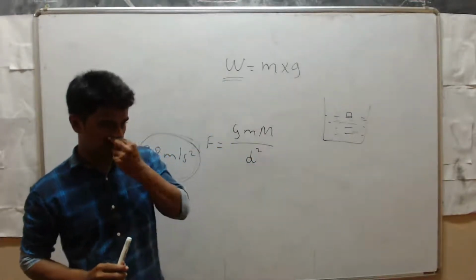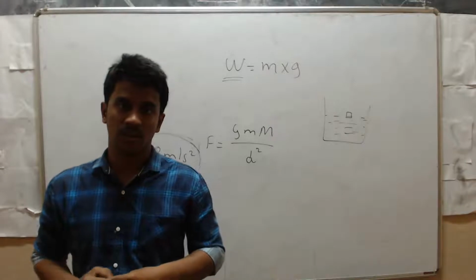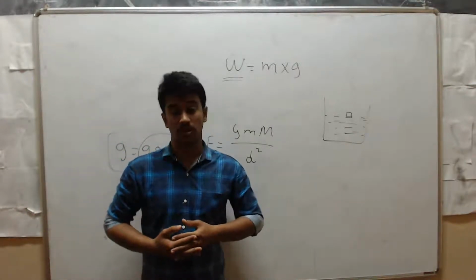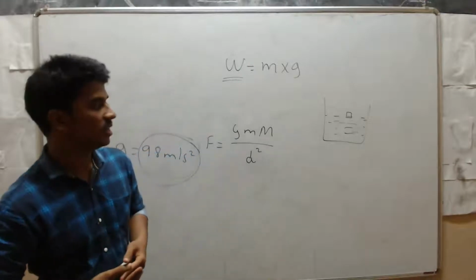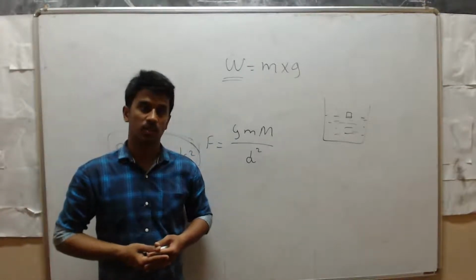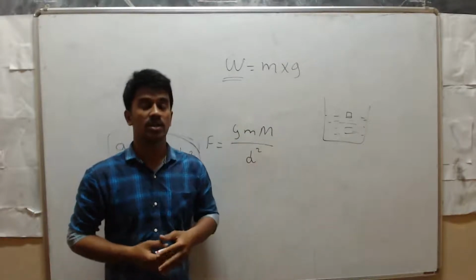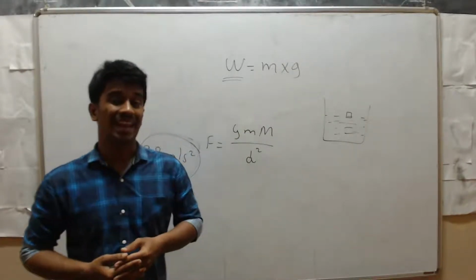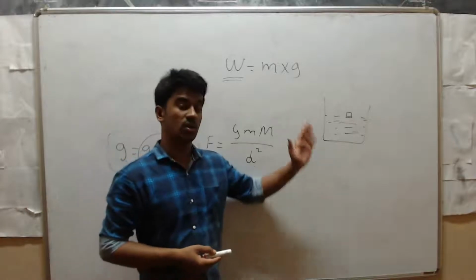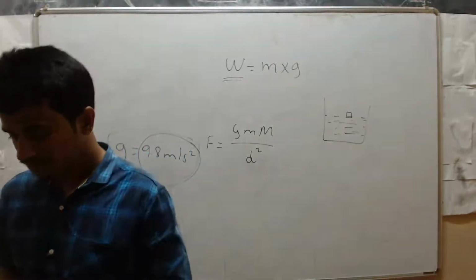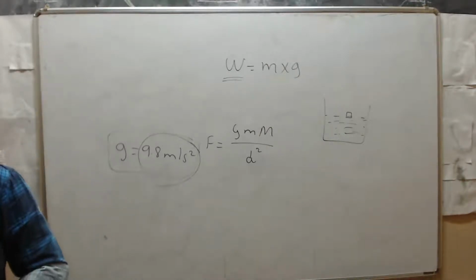Okay, and also we discussed why ships float. Because a ship weighs thousands of tons, right? So why does it float? Because the downward force or weight of that ship is less than the buoyancy force or upthrust force. So that's why all the ships float.